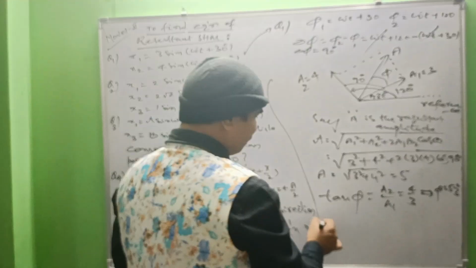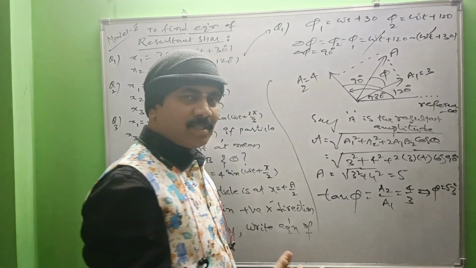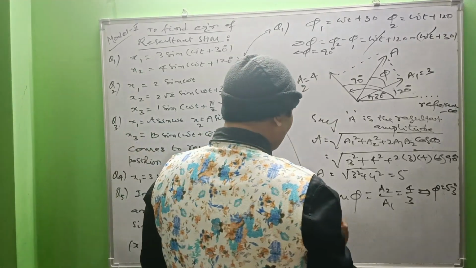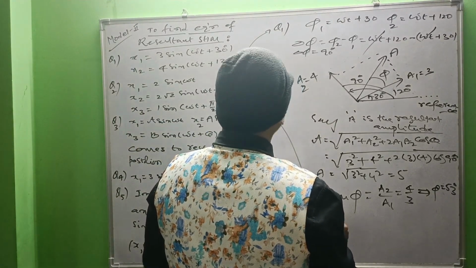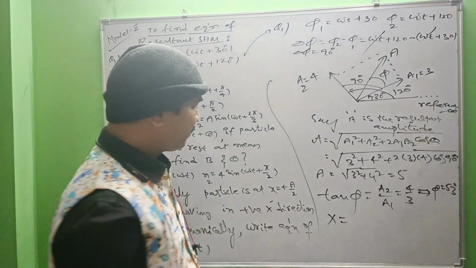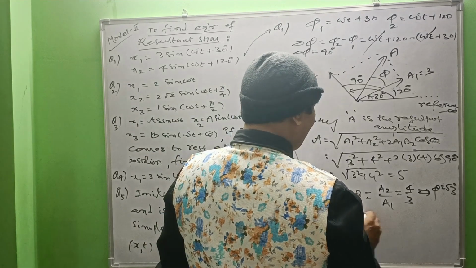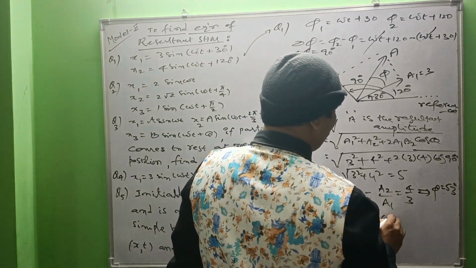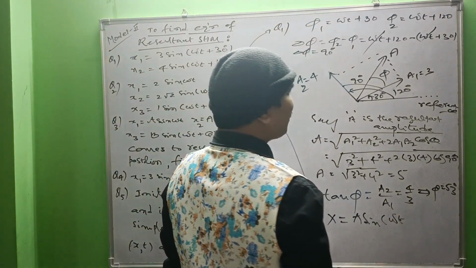So what is the general expression for simple harmonic motion? That is, x equals the resultant expression for the SHM. x equals A sin(omega t plus...).